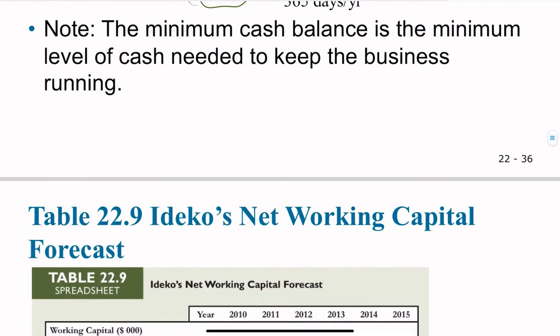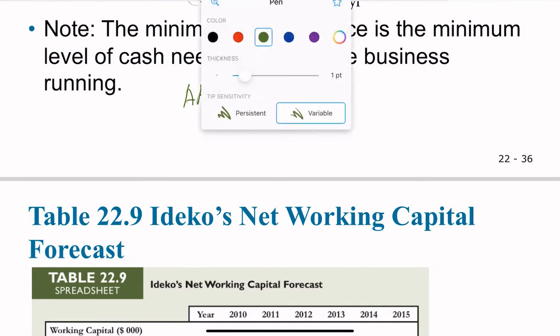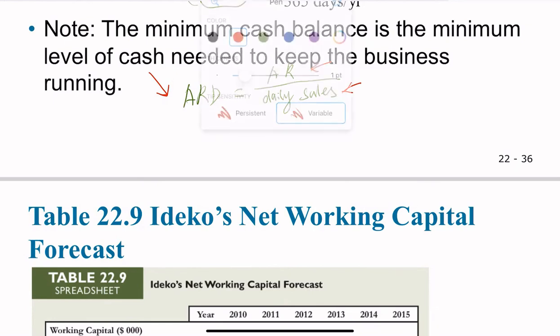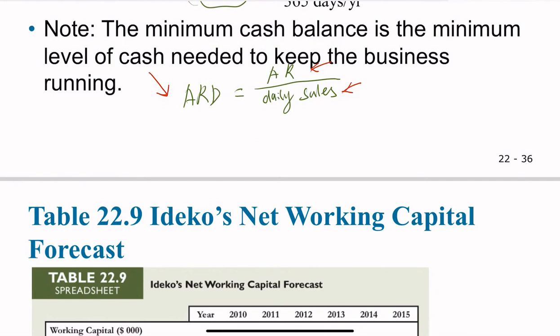Because we have learned accounts receivable days equals accounts receivable divided by, let's call this daily sales. In this case, we're assuming that you have the accounts receivable and you have daily sales, and you want to calculate accounts receivable days. But we could also do something else, right? So we could also calculate accounts receivable, which is equal to accounts receivable days times daily sales.